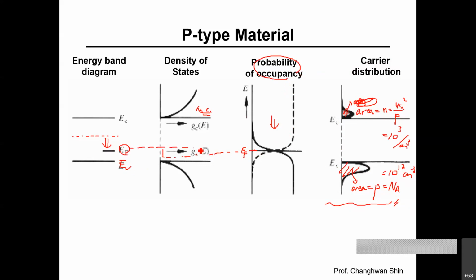If you multiply the density of states times 1 minus f of E, the probability of finding a hole, you're going to get the hole concentration. I guess this is similar work, so you can do that by yourself.